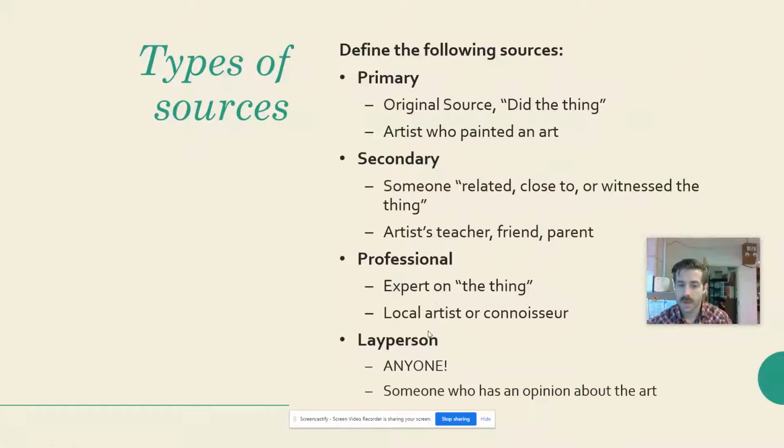And then last, a layperson is anyone who had an opinion on a thing that happened in our community, right? And that, again, becomes important because I want to get people's reactions to stories around senior high.